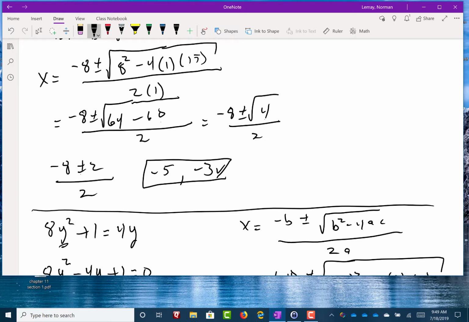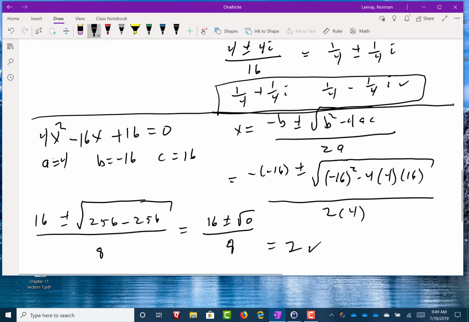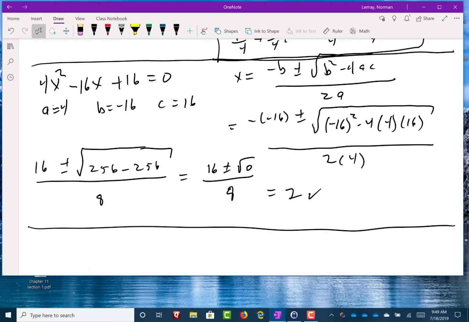Notice that this part here under the square root was positive. For my complex solutions, this thing under the square root ended up being negative. And this part here, when I subtracted, ended up being 0, and I ended up with 1 real solution.